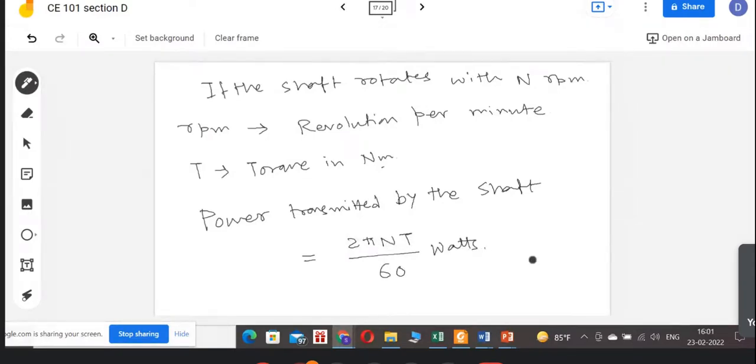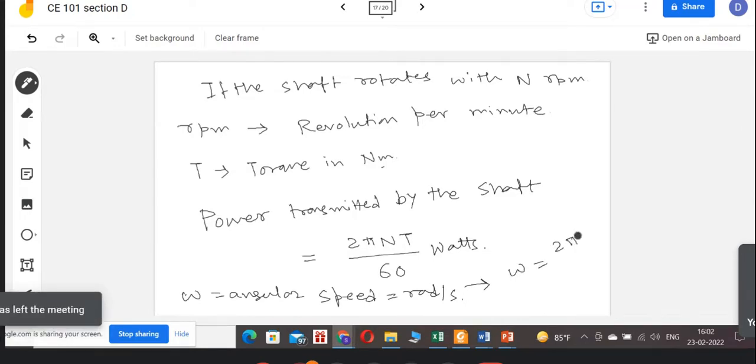Where is it coming from? If we convert this revolution per minute to angular speed, where omega is the angular speed in radian per second, the conversion between RPM and omega is omega equals 2 pi n by 60. This is revolution per minute, happening in 1 minute, and this is radian per second.